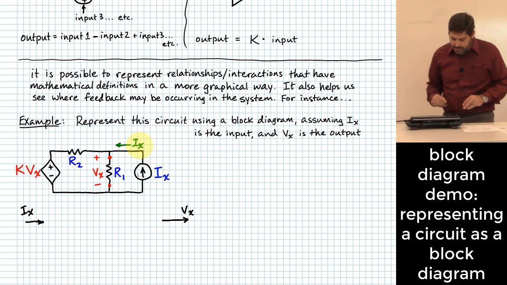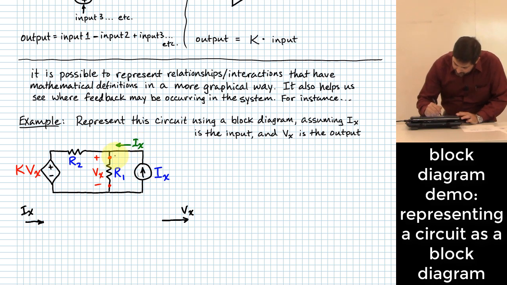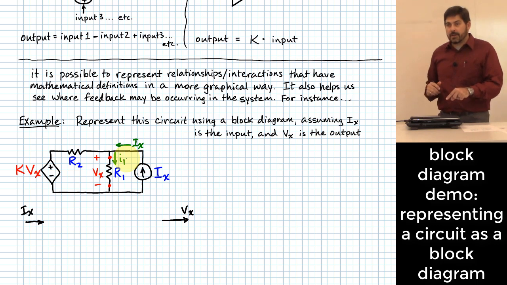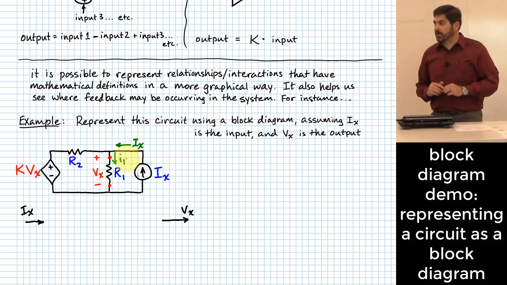And then I've got a current flowing down through here. We call that I1. If I know I1, can I relate it to Vx? How do I relate it to Vx if I know I1?